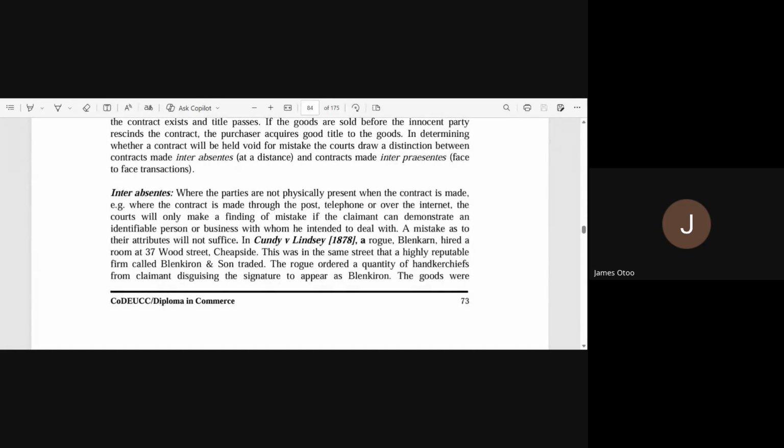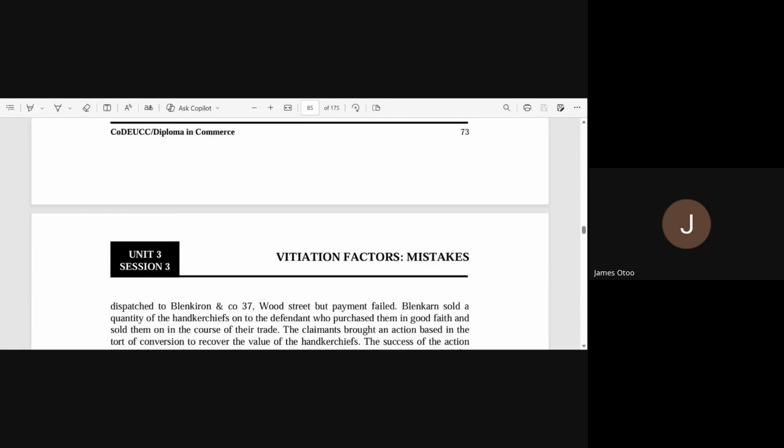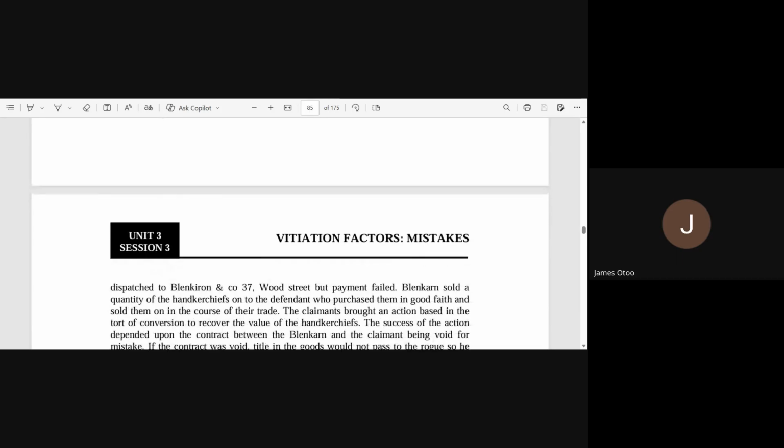The goods were sold and dispatched to Blenkiron and Co., 37 Wood Street, but payment failed. Blenkarn sold a quantity of the handkerchiefs to the defendants, who purchased them in good faith and sold them in the course of their trade. The claimant brought an action in the tort of conversion to recover the value of the handkerchiefs. The success of the action depends on whether the contract between Blenkarn and the claimant was void.